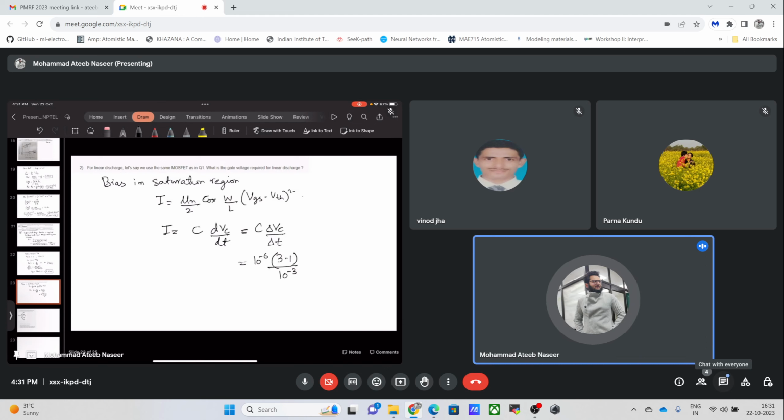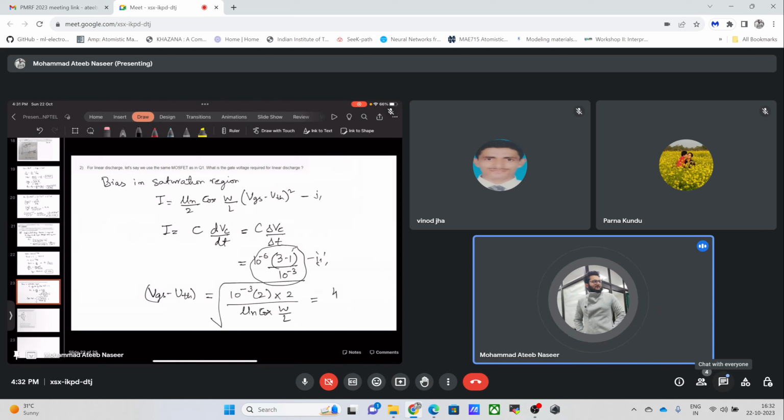Equating these two currents, we can say VGS minus VTH, taking the square root, is equal to 10 to the power of minus 3 times 2, multiplied by 2, divided by mu n C ox W by L, whole thing under the square root.